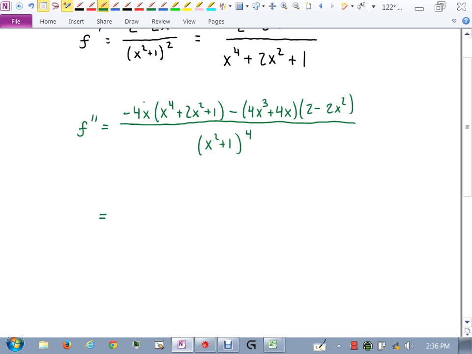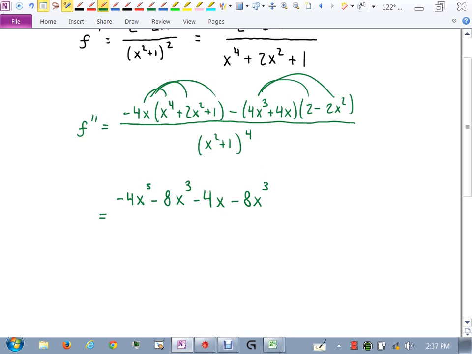All right. So I distribute this through. We get -4x to the 5th minus 8x cubed minus 4x. Okay, then I go here. It's going to be 8x cubed, but then subtract 8x cubed.